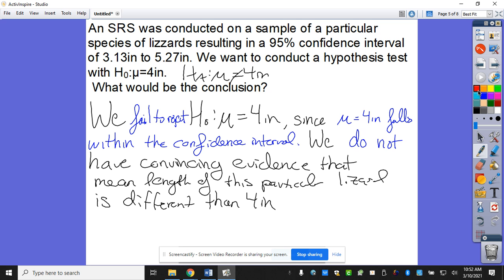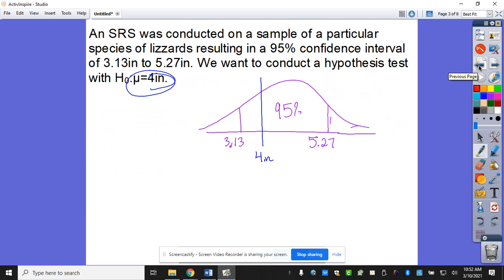So without having to do a second example of one that fell outside, if our value were, and y'all don't have to write this one or do it however you want to do it, if it were this instead, then 3 inches would fall here.